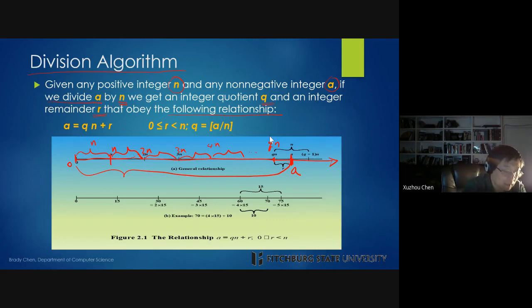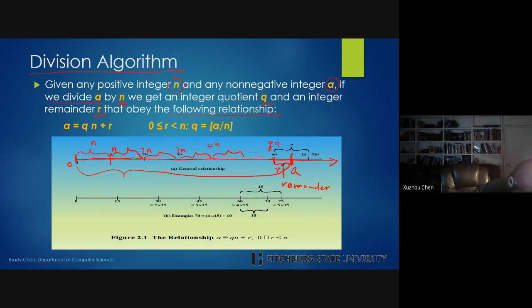We keep cutting, and then the value between qn and a is smaller than n. That value is called the remainder, and we call it r. So that's a remainder r. This is basically the idea for division.